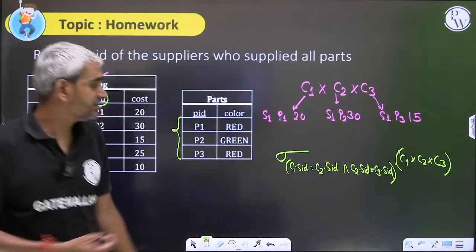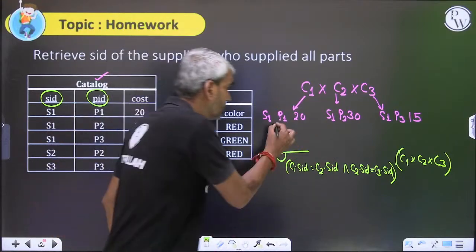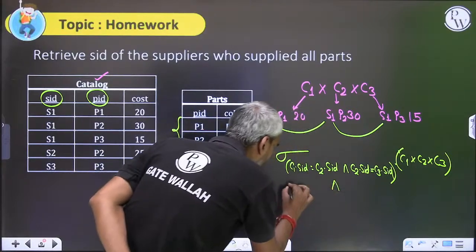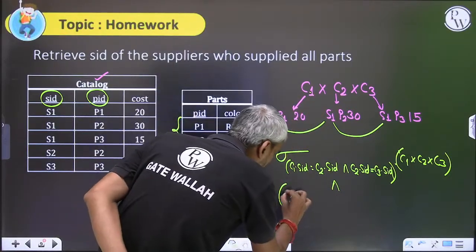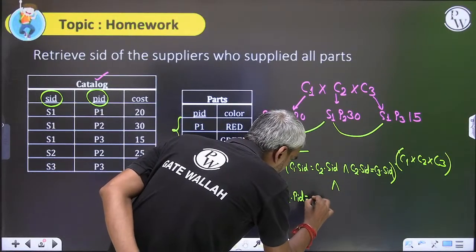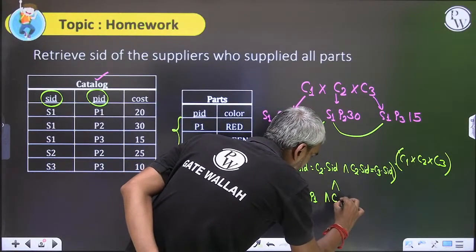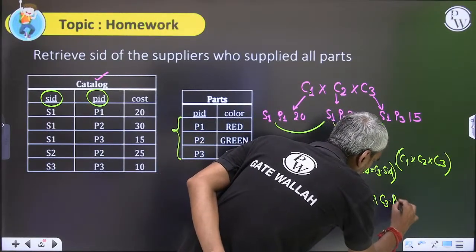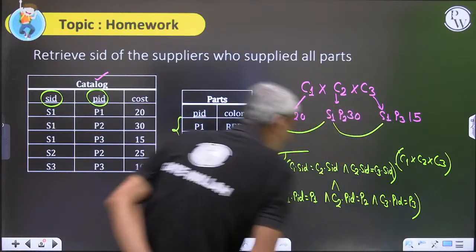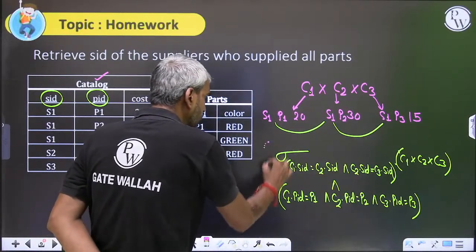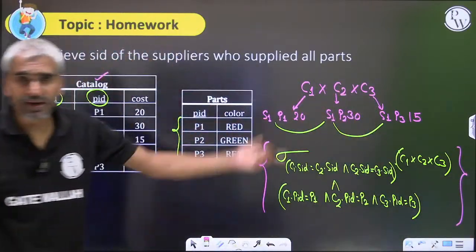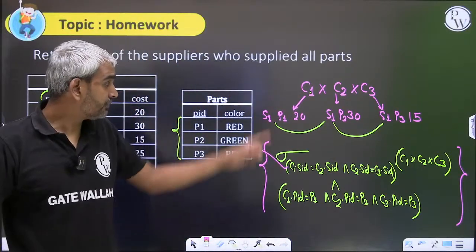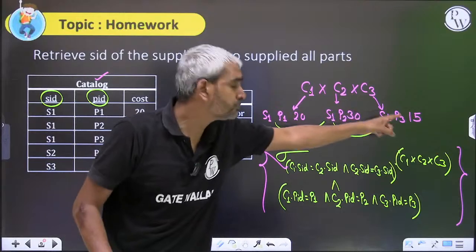If you check these two conditions, that C1 dot SID is equal to C2 dot SID and C2 dot SID is equal to C3 dot SID, and you also write that C1 dot PID must be equal to P1, C2 dot PID must be equal to P2, and C3 dot PID must be equal to P3, and this condition is also true, then you know that you have found a tuple in which the SID is associated with part P1 as well as part P2 as well as part P3.